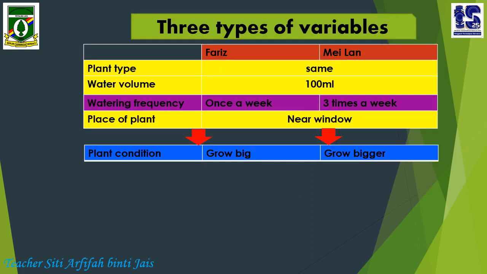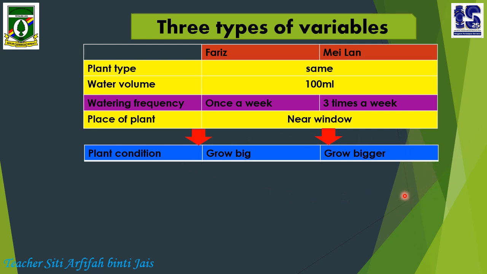So, after a month, again Faris and Melan observe the condition of their plants. Faris plants grow big, however, Melan plants grow bigger. Okay, this is a qualitative observation.